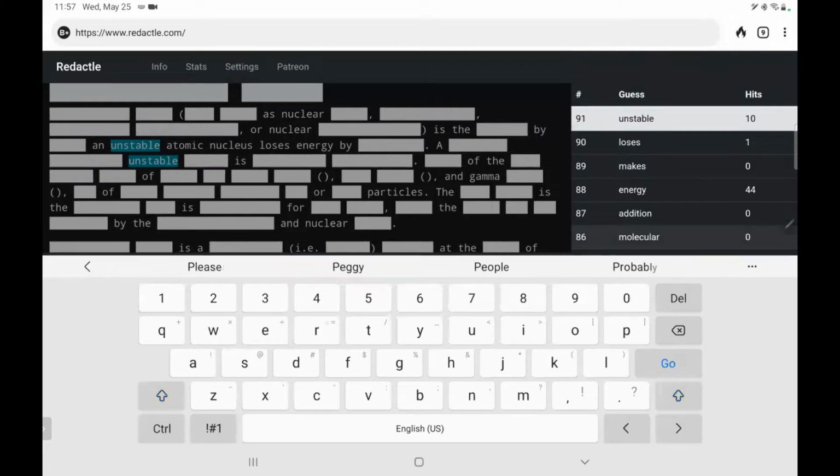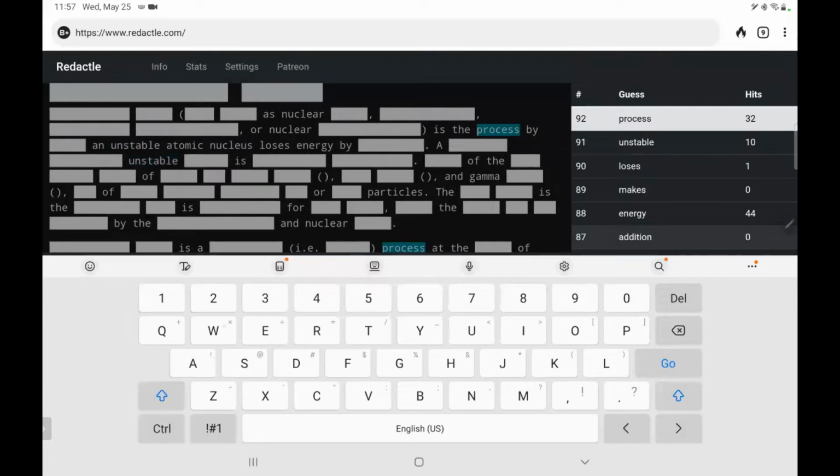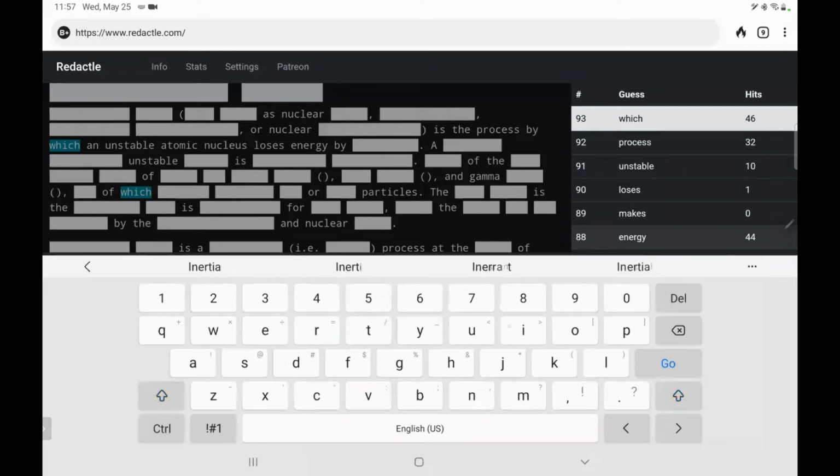Oh, process is the process, maybe? Yes, by which loses energy by, what's that fancy word for chaos and things falling apart? Not inertia.